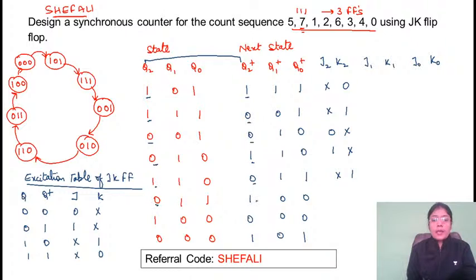For 0, 1, it's 1, don't care. For 1 and 0, it's don't care 1. For 0 and 1, again it's 1, don't care. Got it? Are you all getting this as the output?